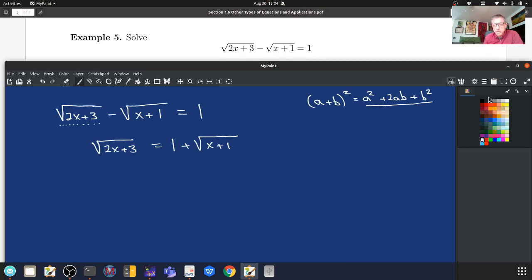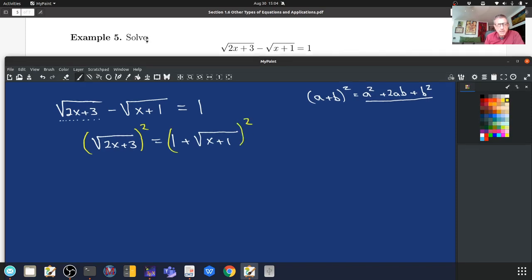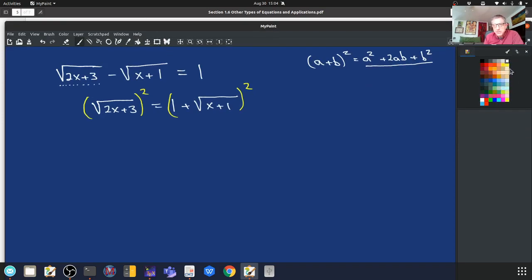So what are we going to do? We're going to raise both sides to the index of these radicals, and the index is 2. When we do so over here on the left-hand side, that's going to get rid of the radical sign. But over here, when I use this formula, 1 plus 2 on the square root of x plus 1, plus x plus 1.